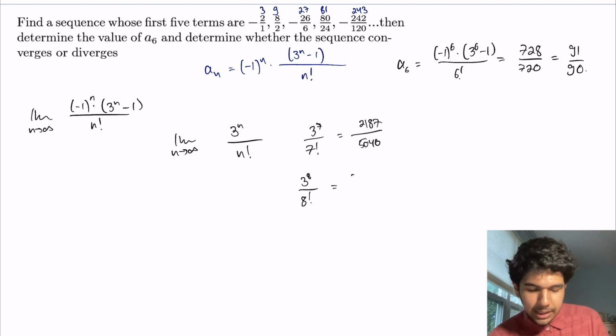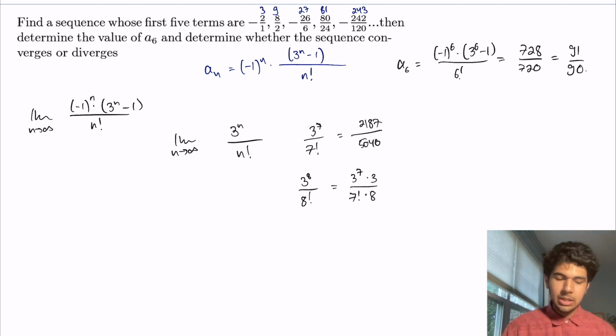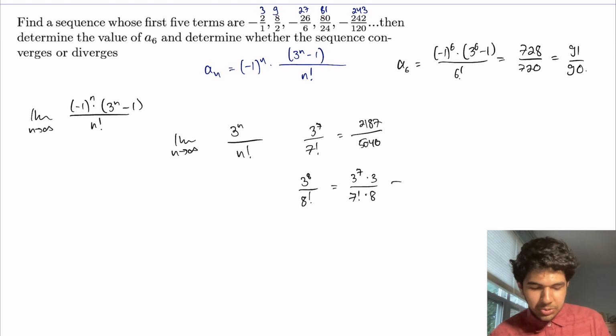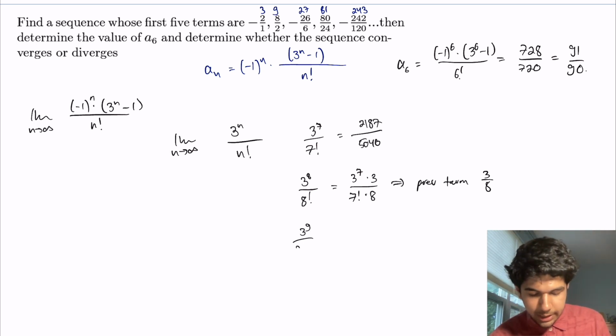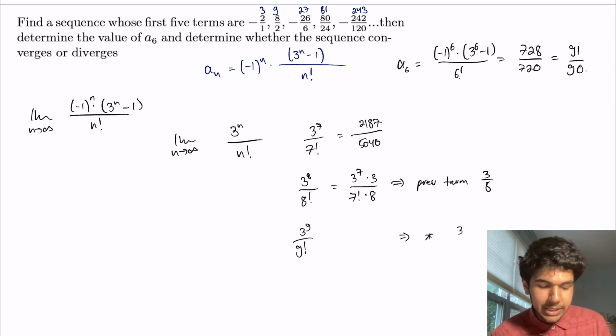But we can rewrite this as 3 to the 7th times 3 over 7 factorial times 8. So actually what we're doing is we're multiplying the previous term by 3/8. And if we go to the 9th value, which is 3 to the 9 over 9 factorial, we'll be multiplying the previous term by 3/9.